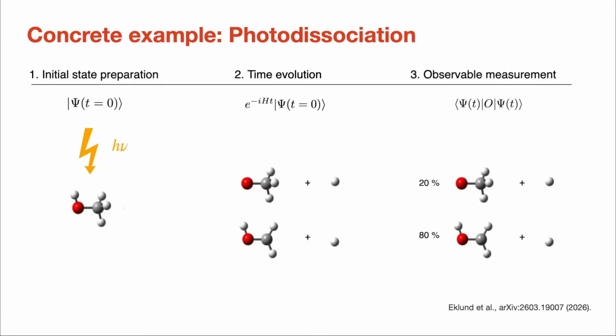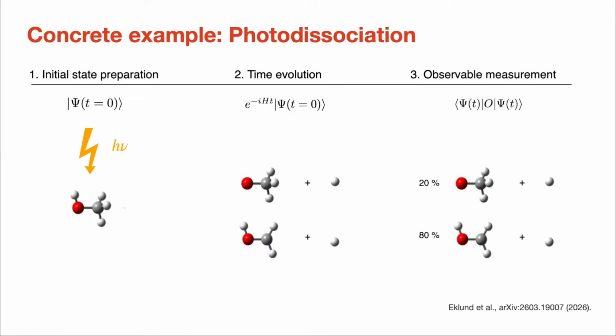And the concrete example that I want to focus on is photodissociation, because this is a particularly difficult problem for classical computers, and even for the analog simulation that I showed you just a moment ago, we don't know how to do photodissociation that way. And the idea there is you need to prepare an initial state which corresponds to some molecule having been excited.